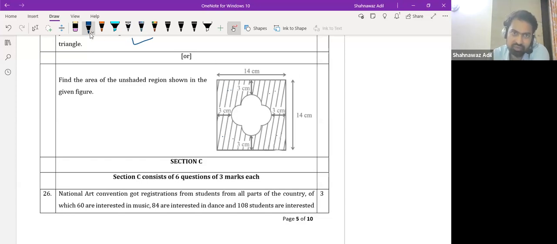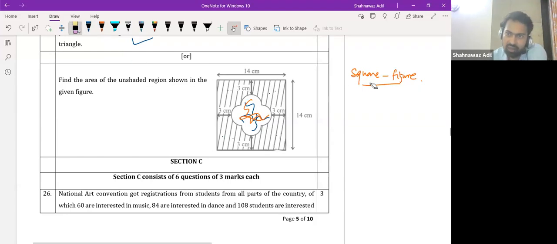14 into 14 minus the area of this figure, right? Good. So square minus this whatever figure. This would be the area, right, everyone? Sir, but they're asking the area of the unshaded region.